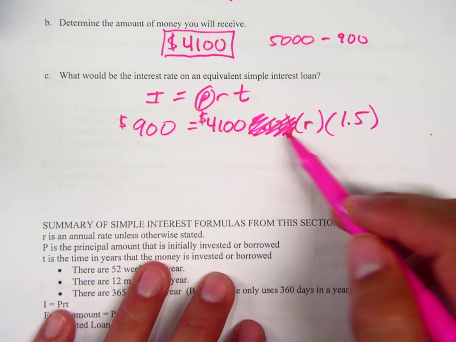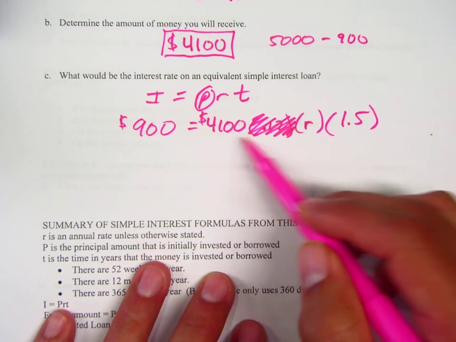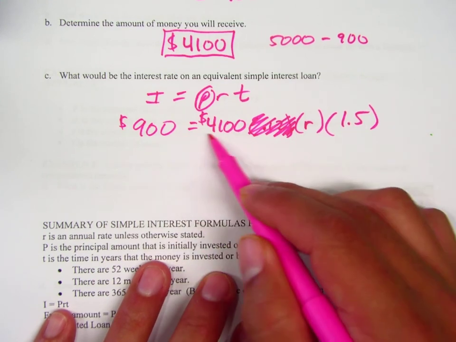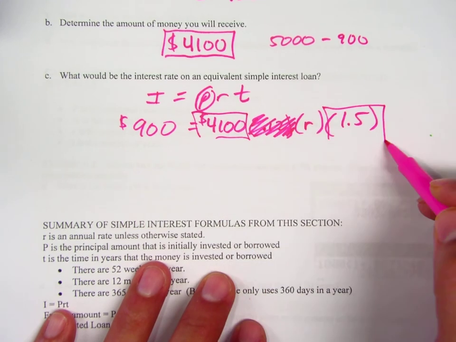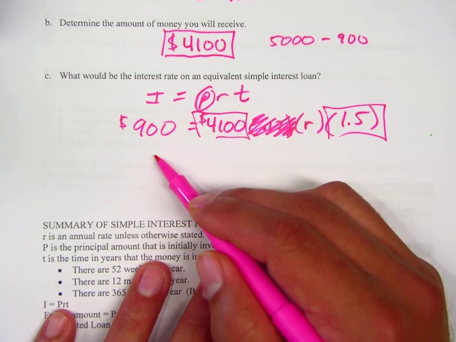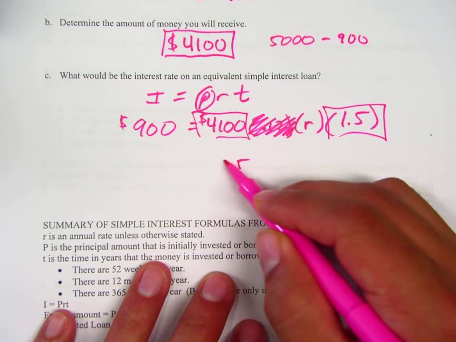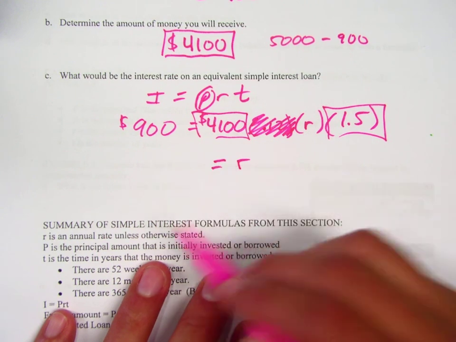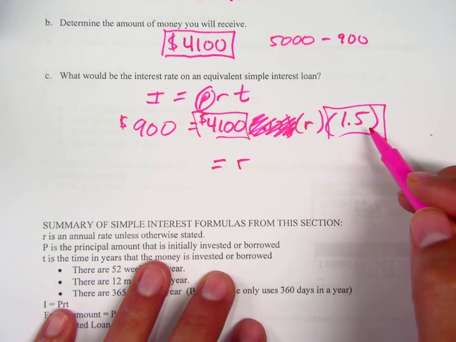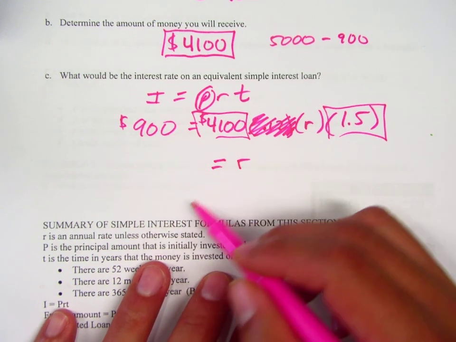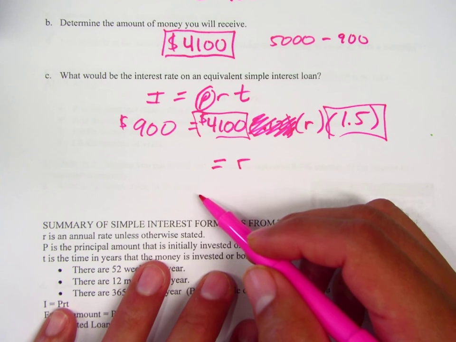Well, that's pretty straightforward. Multiply these out and then divide, right? So 4,100 times 1.5, whatever that is, do 900 divided by that, and we should get our answer.